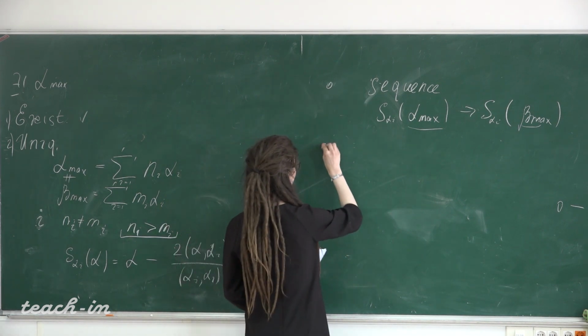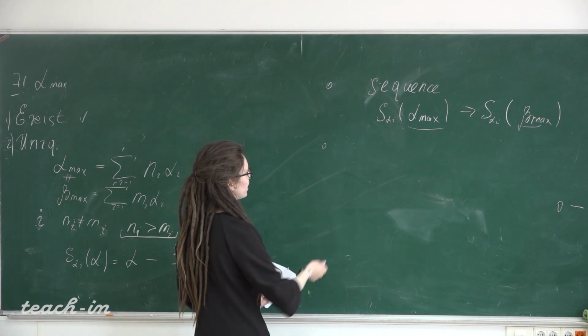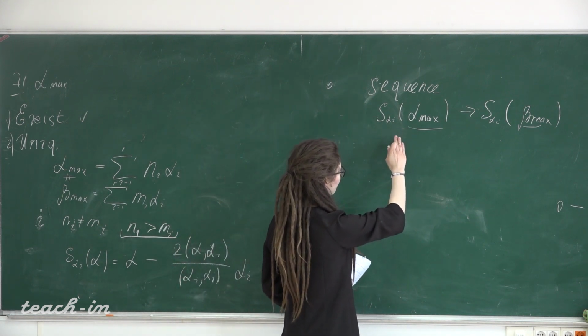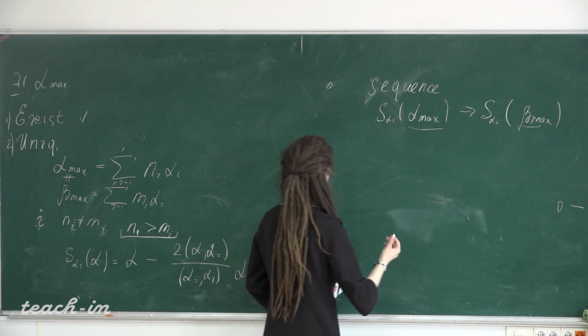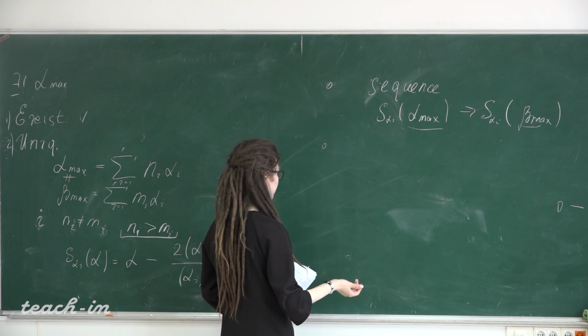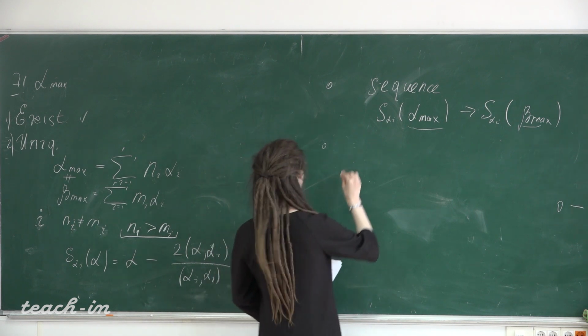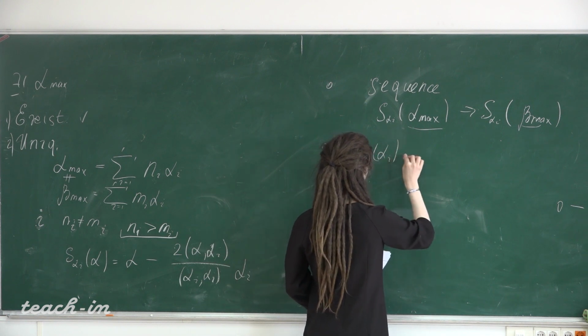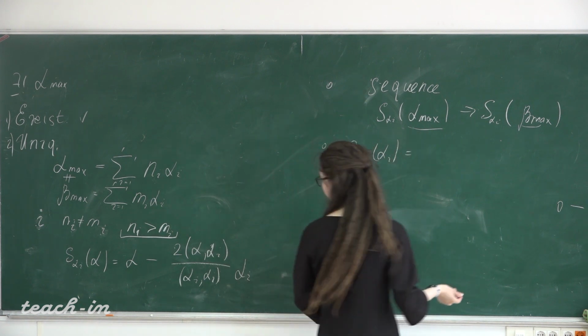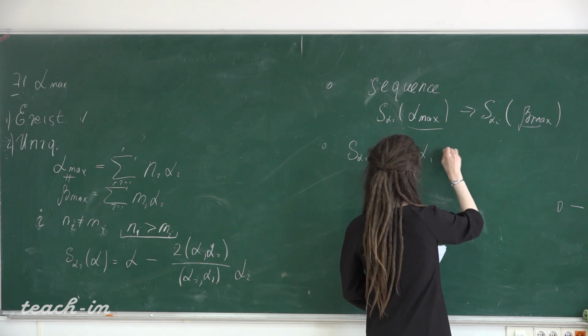The second part: we will construct a sequence that will go from alpha max to beta max, and if you reflect every time, let's start with alpha i, it will be negative alpha i.